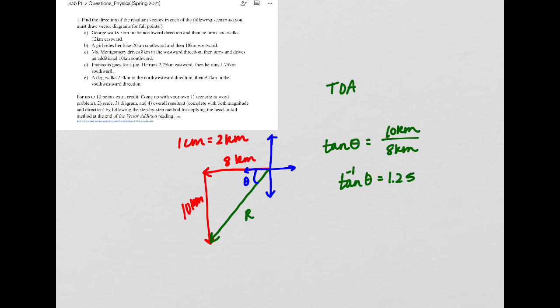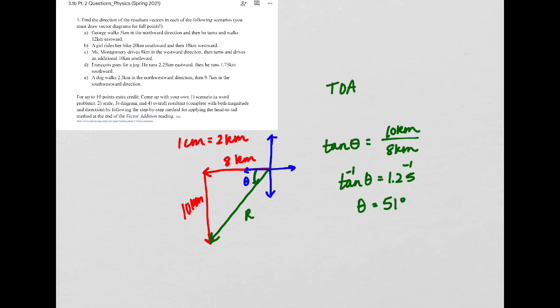Take the tangent inverse of both sides, and we get that theta is equal to 51 degrees.